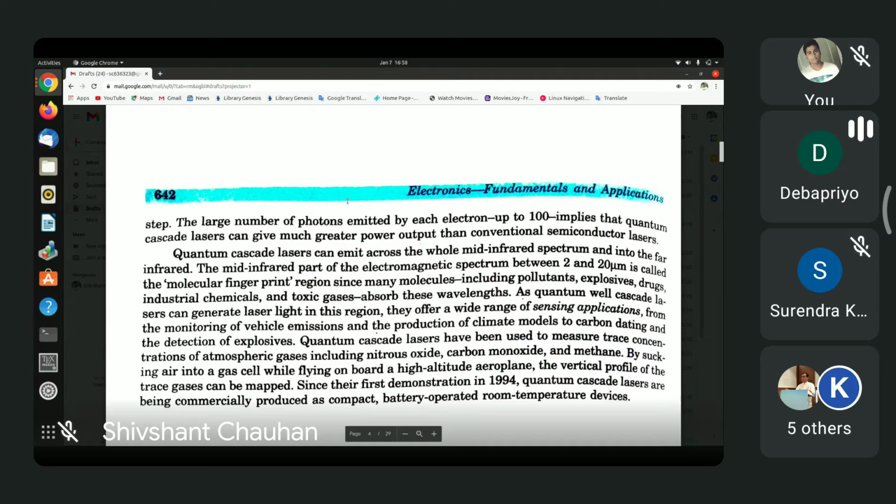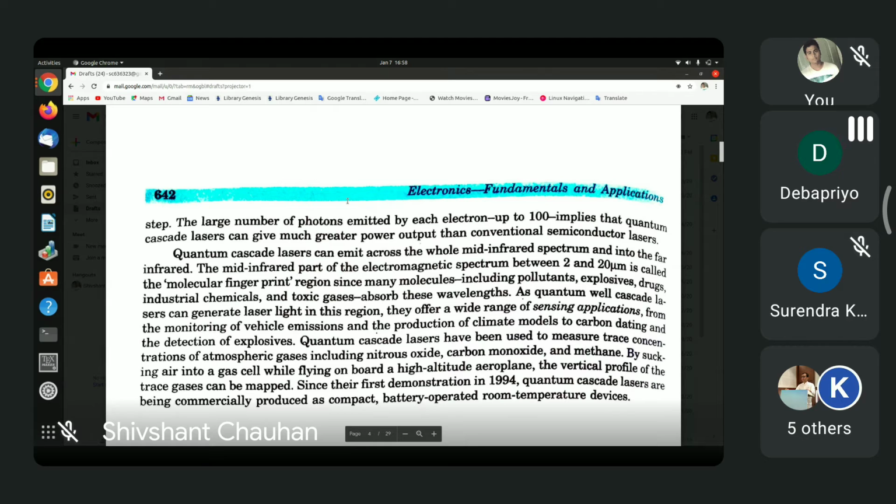In other words, if you send such radiation, infrared radiation produced by quantum cascade lasers, through some material which you suspect may contain some drug, or some pollutants or explosives, such materials will absorb the radiation.